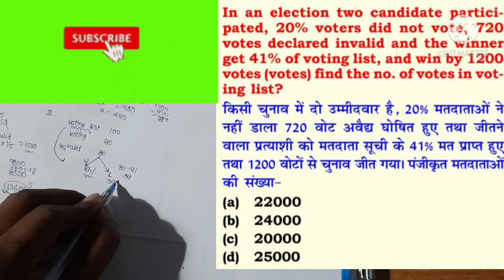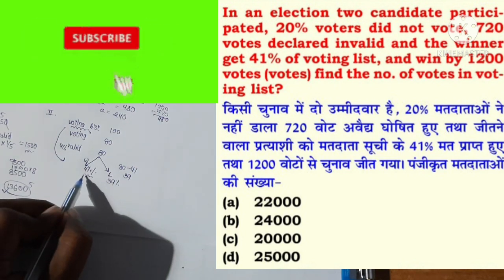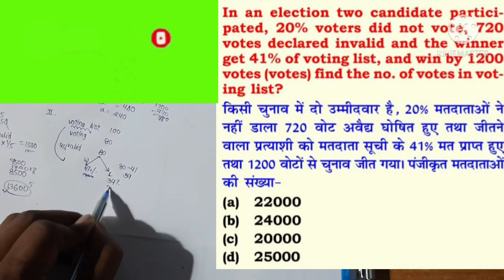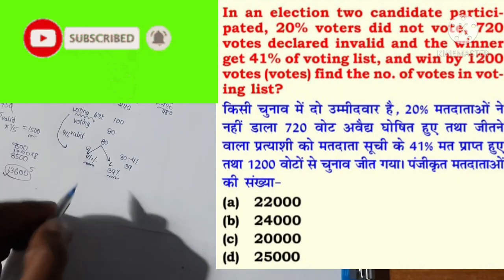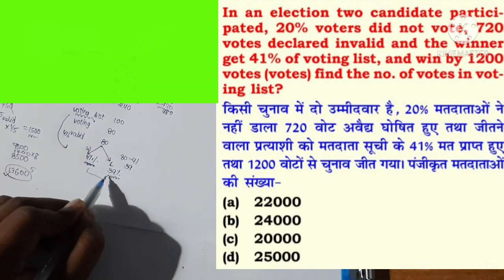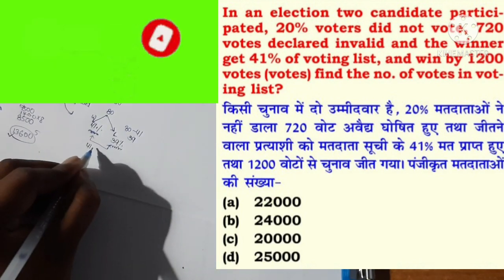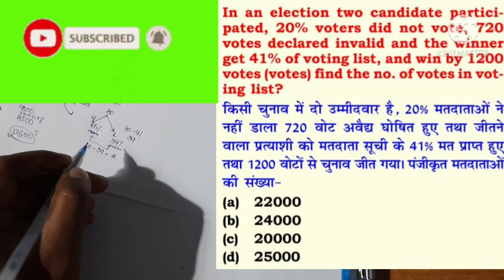So the losing person gets 39 percentage of votes, and the winning person wins by 1200 votes. The winning person gets 41 percentage, the losing person 39 percentage. So the win is the difference of winner minus loser, 41 minus 39, so the value is 2.